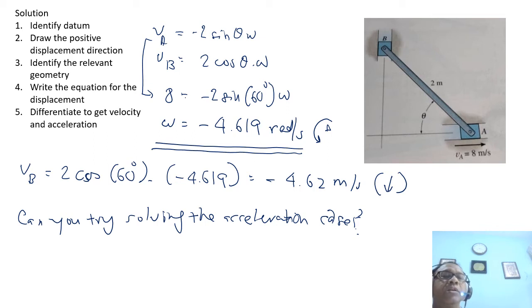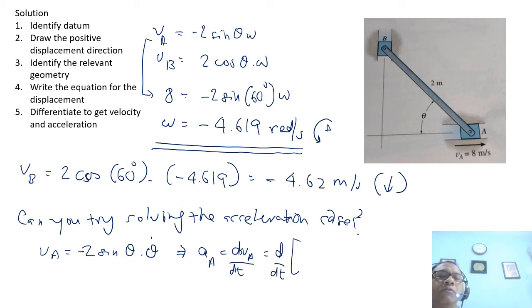We know that VA equals minus 2 sin theta omega, or theta dot. So AA would be d VA over dt, so we differentiate minus 2 sin theta theta dot.